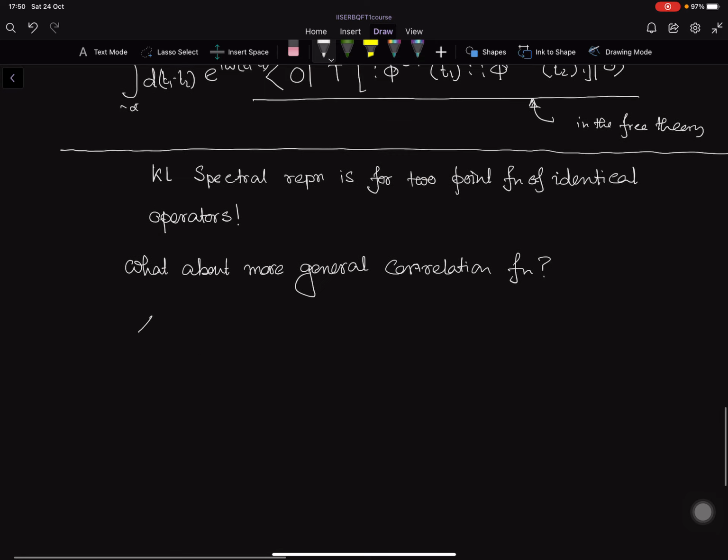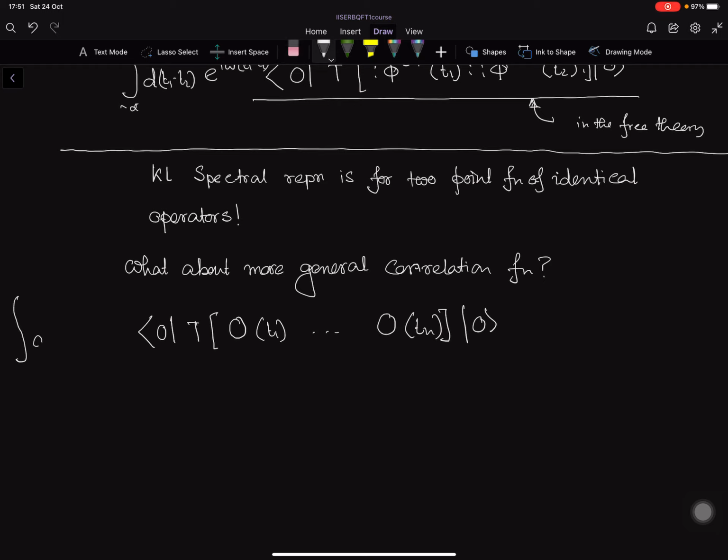For example, let's take more general operators, and let's also take the Fourier transform with respect to them.